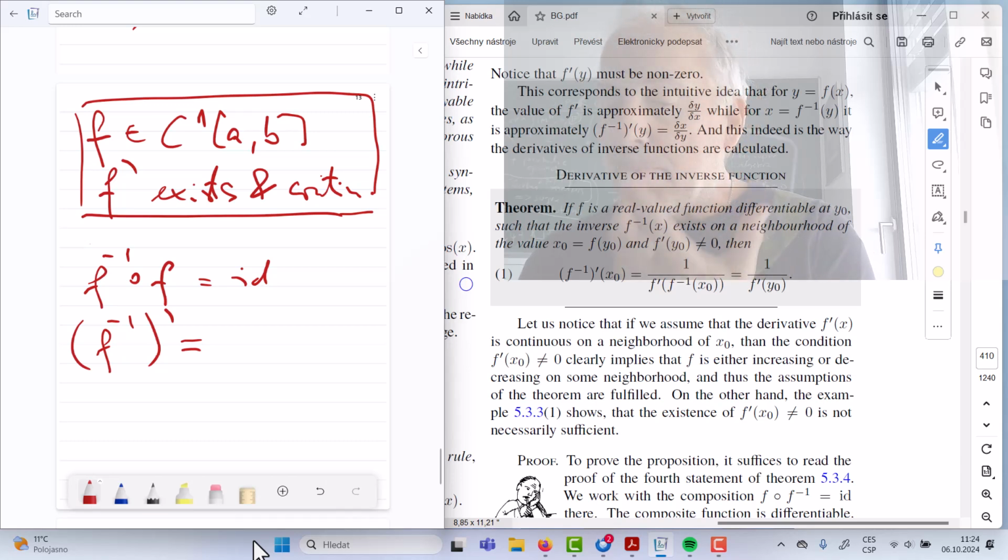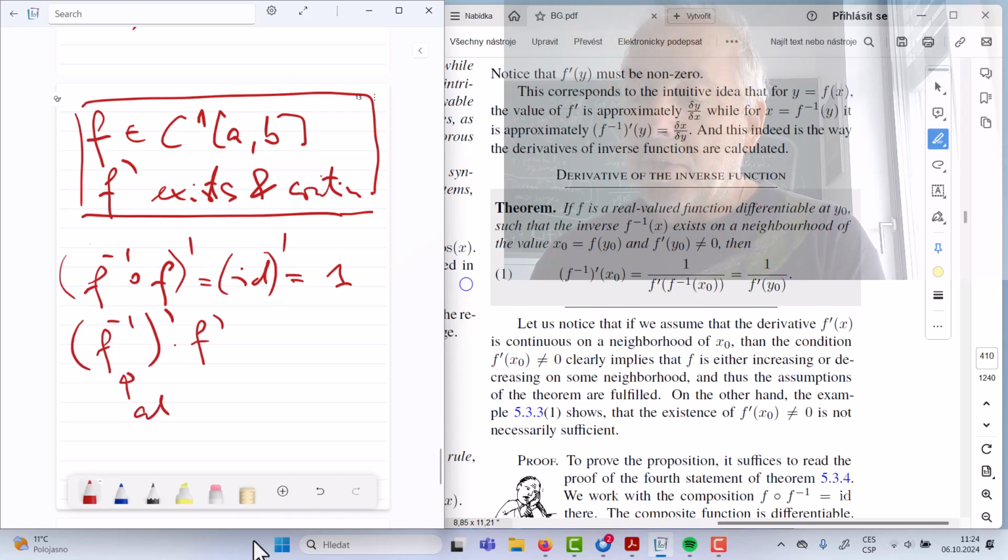Basically, if I put the derivative sign here, I must do the same here, and this is 1. And here I know how to differentiate. The derivative of the whole thing is the derivative of the outer function, times the derivative of f, the inner function. This one is evaluated at f(x), and this one is at x.